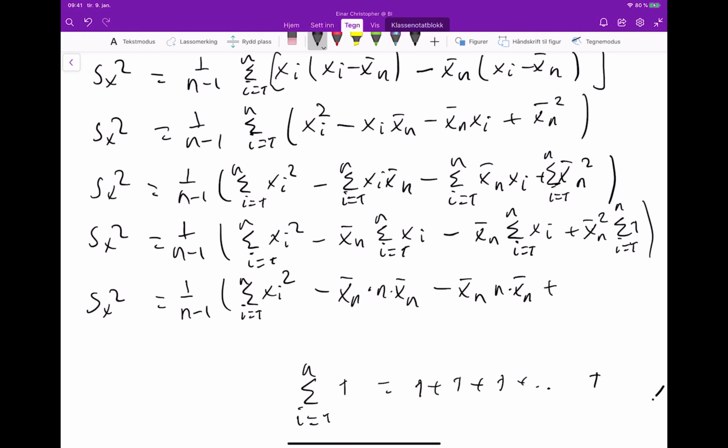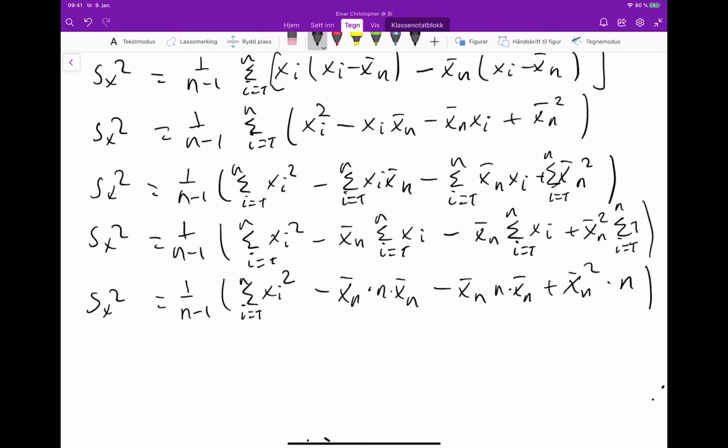So this is actually equal to n. If I sum 1 n times, it has to be n. So this can be written as this.